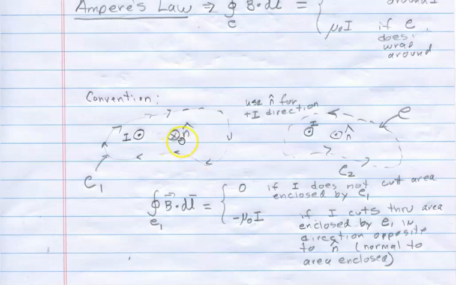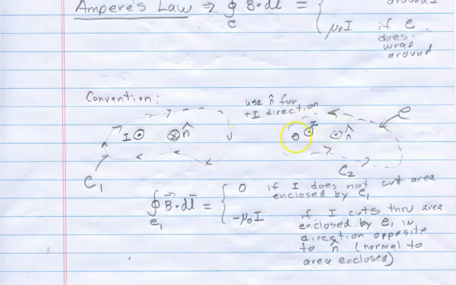The way you get the perpendicular, or the normal, to that area enclosed by the curve C1 is you pretend like you grab the curve C1, at any one of these points, with your thumb pointing in the direction you're walking around the curve, and then your fingers will naturally curve through the area enclosed by the curve, and the direction of that is, by convention, the positive normal to it. So this closed curve has a normal into the page.